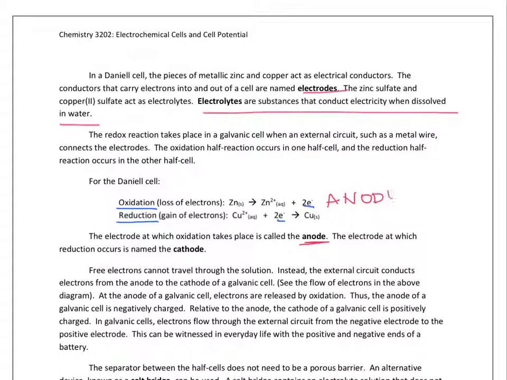And in whatever chamber we have reduction occurring, we call the cathode. So again, these terms are just basically used so we don't have to say the chamber where oxidation takes place. We can just simply say the anode, and then we know what we're talking about. And instead of saying the chamber where reduction takes place, we can just simply say the cathode.